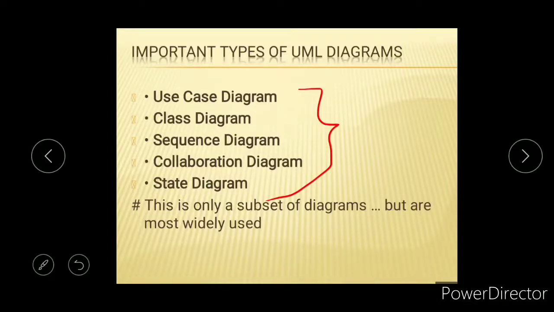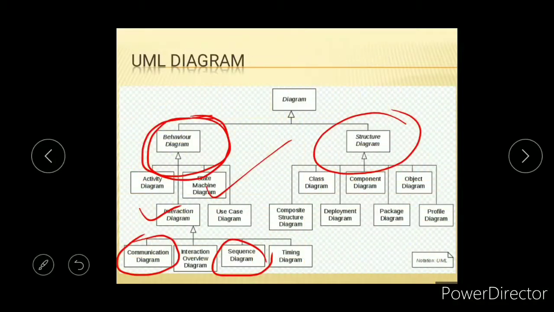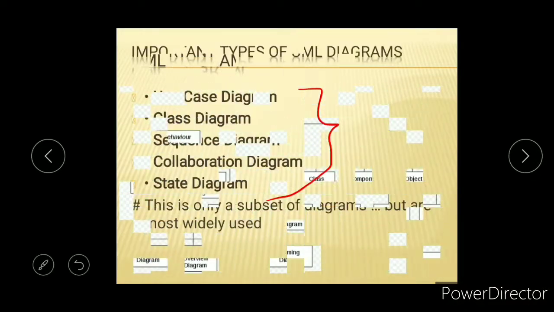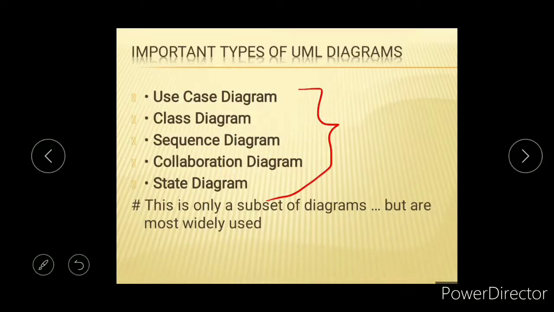So these are most important for your exam as well as for your career development. Okay, now this is only a subset of the diagrams. As you can see in the previous slide that there are lots of diagrams in UML. But these are the most important.